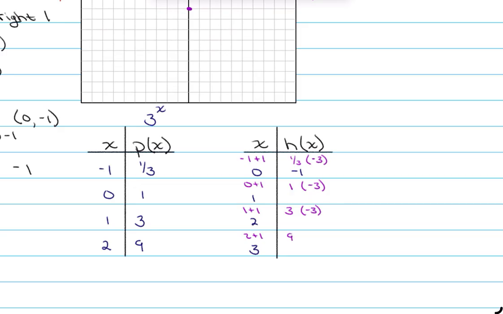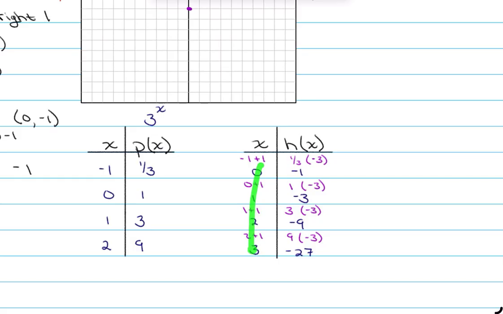I might not be able to graph that one because it's going to be a larger number, but that's okay. All right. So 1 times -3 becomes a -3, 3 times -3 becomes a -9, and 9 times -3 becomes a -27. So this is stretching everything over. Okay, we bumped everything to the right one and we stretched it down.